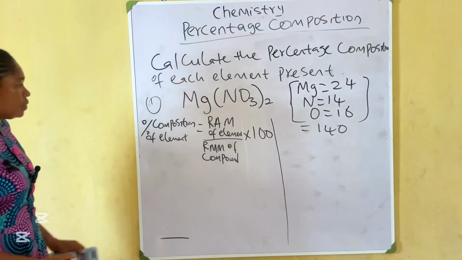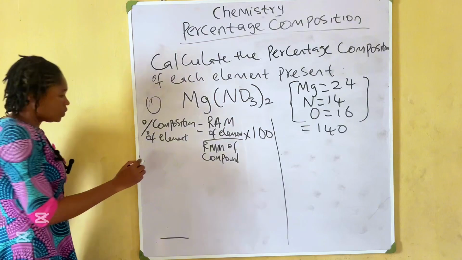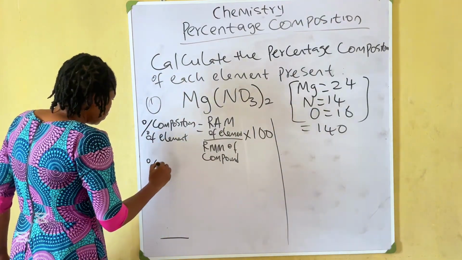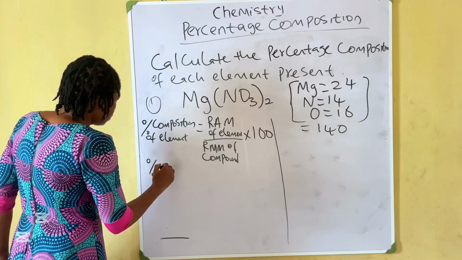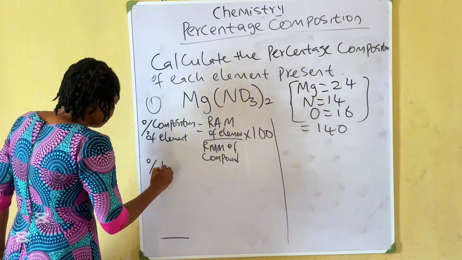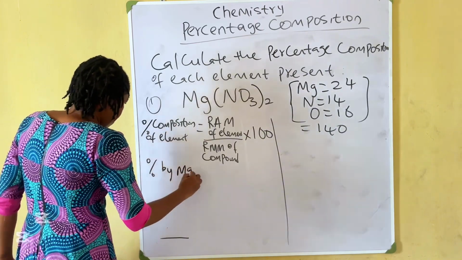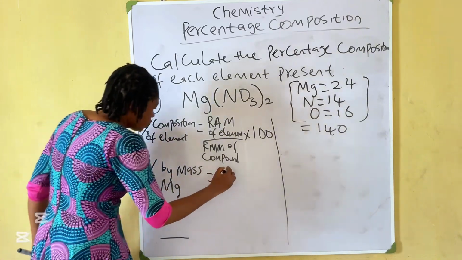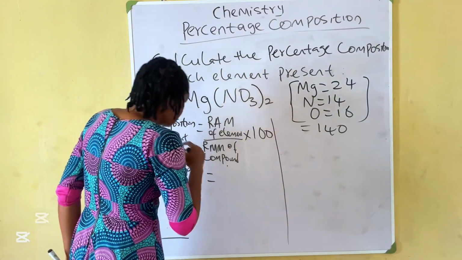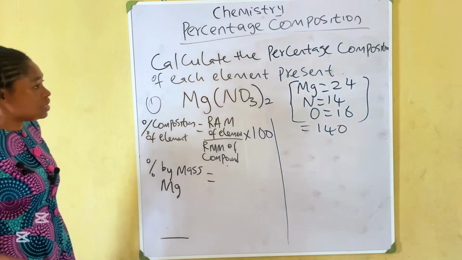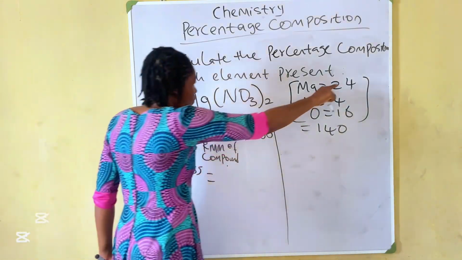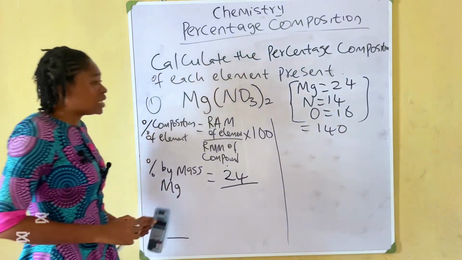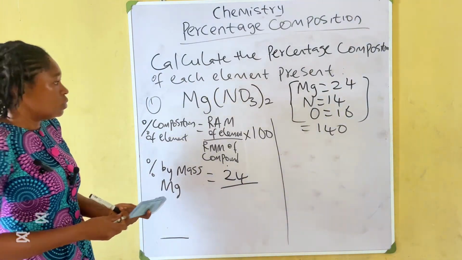So look at this. Then we're looking for the what? Percentage of what? Magnesium. Percentage by mass of magnesium. So what's the relative atomic mass of magnesium? It's 24. What is the relative molecular mass of this compound?